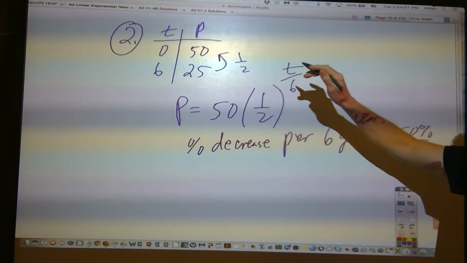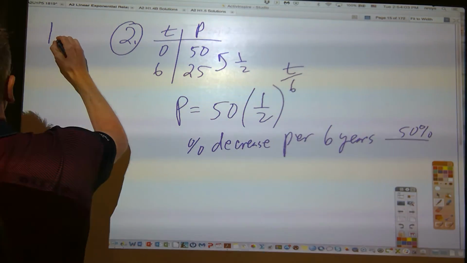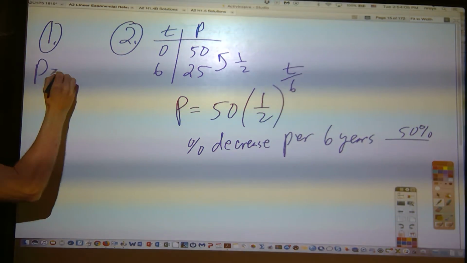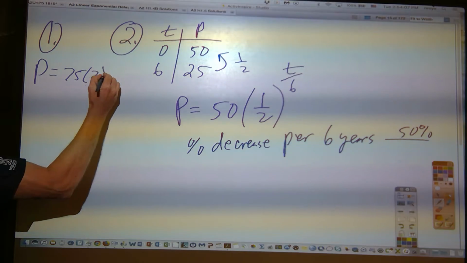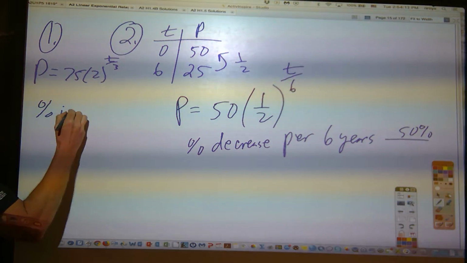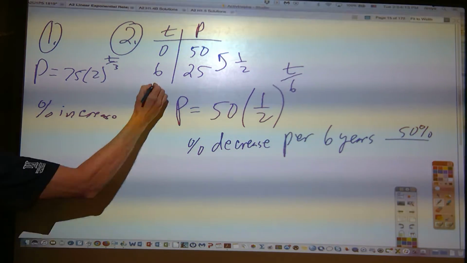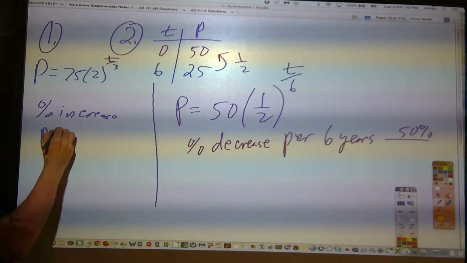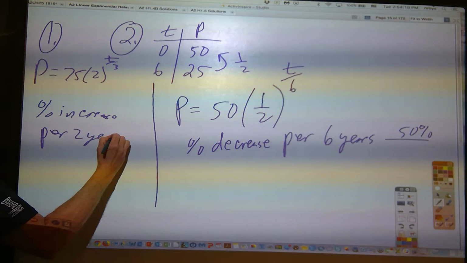I just want to rewind a little bit to our first example where we had P equals 75 times 2 to the T over 3. What was the percent increase on that problem? What was the percent increase per 3 years?